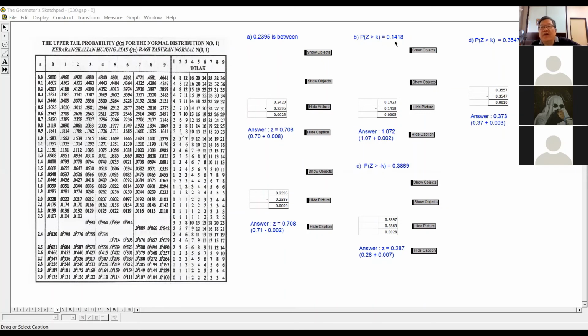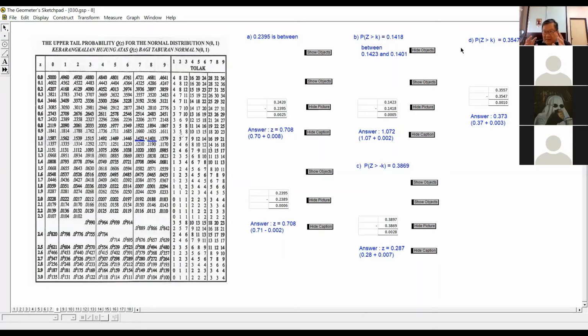Now, where is 0.1418? It lies between two numbers. What are the two numbers? Can you see? They are here: 0.1423 and 0.1401. Correct, so 0.1418 is between 0.1423 and 0.1401.